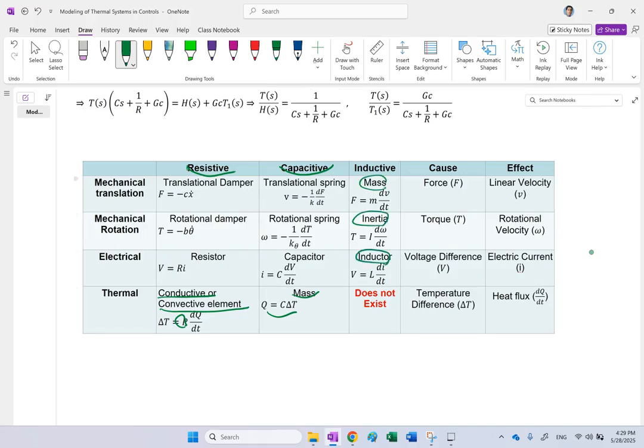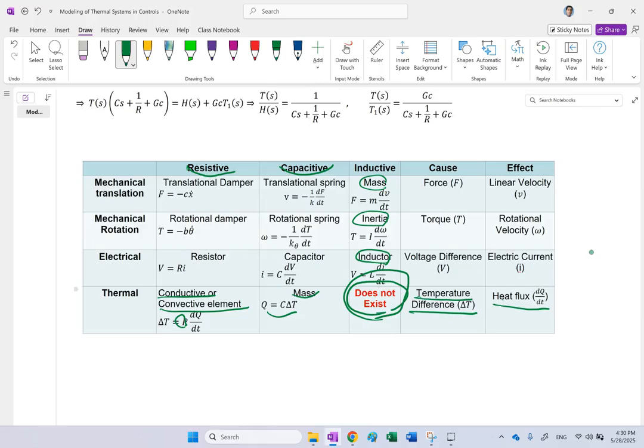So there is no equivalent to a mass or anything equivalent to an inductor. Okay, so pay attention to this part. The cause here can be considered the temperature difference, and the effect could be the heat flux. Or you can go the other way around, say the reason for temperature difference is heat flux. So heat flux is the cause and temperature difference is the effect, depending on how you look at it, right?